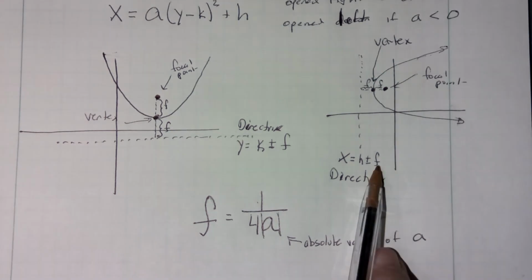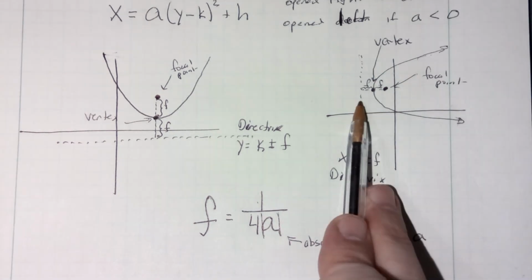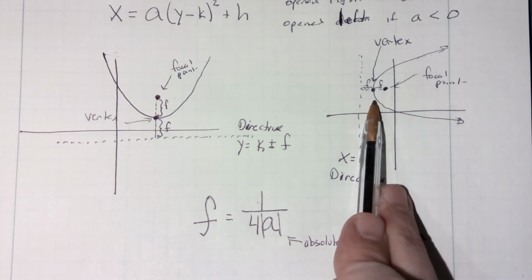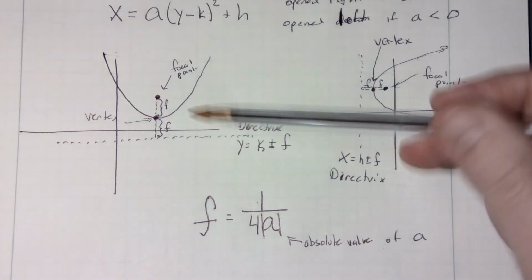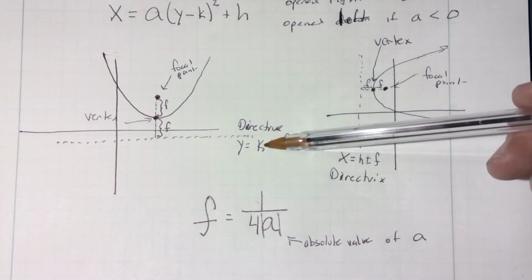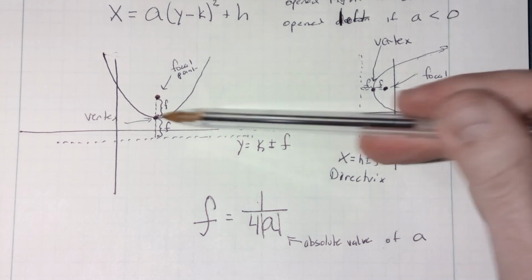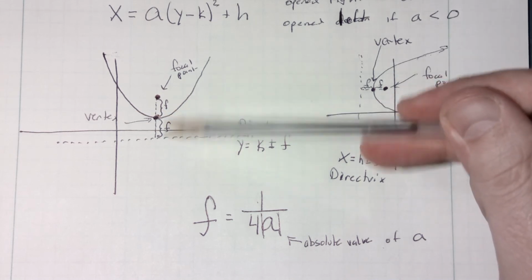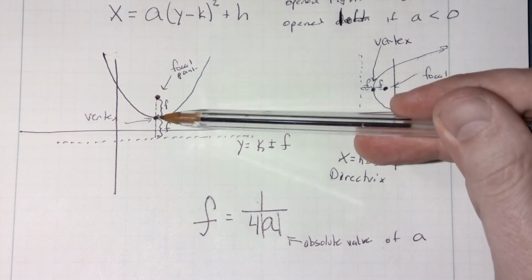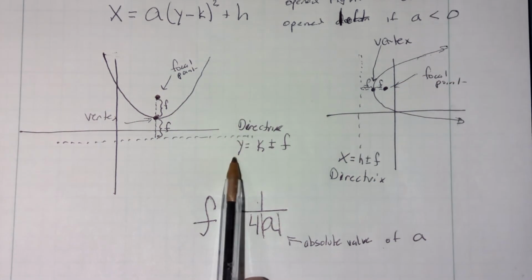This is plus or minus the focal length, depending on whether the directrix is on the left or right side of the parabola. Same thing here. The directrix is going to be based on your k value, the y value of your vertex. You either add or subtract the focal length going up to the focal point or down to the directrix, which if it opens up, is a horizontal line.